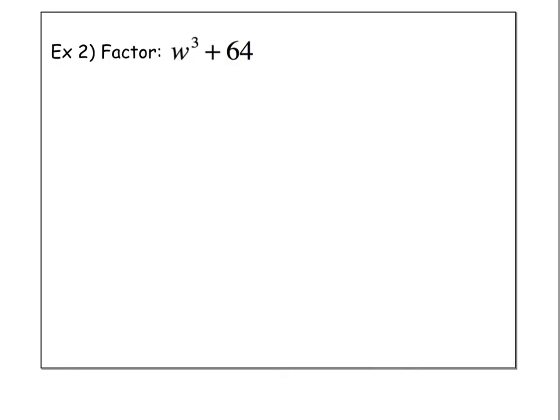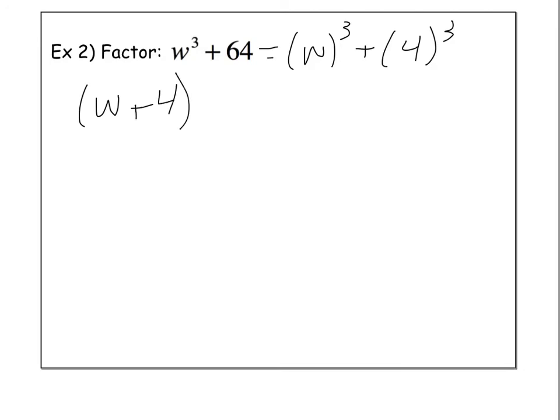Okay, here's one with a sum of cubes. And notice once again, if we have w cubed plus 64, then this is the same as w cubed plus 4 cubed. So we simply have the first binomial part of this factored is just w, the sign is the same, so that's plus 4, right? Then we move to our trinomial part.